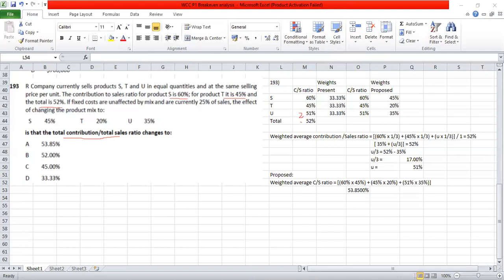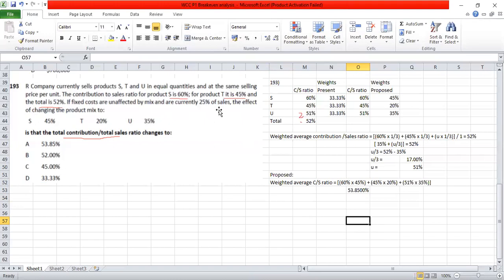Why are we taking the contribution to sales ratio the same for the proposed one, ma'am? There is no change mentioned for that. The only change that happened is to the product mix.